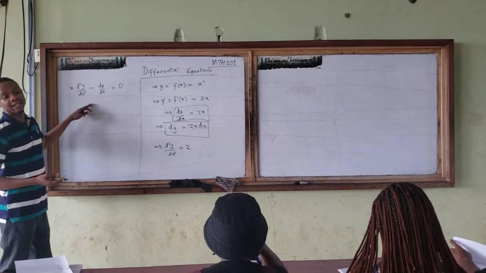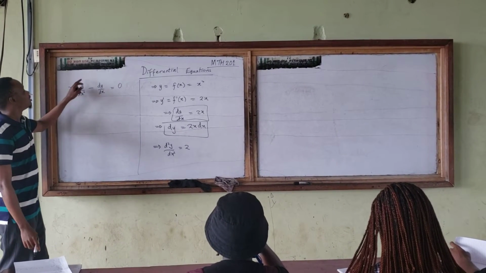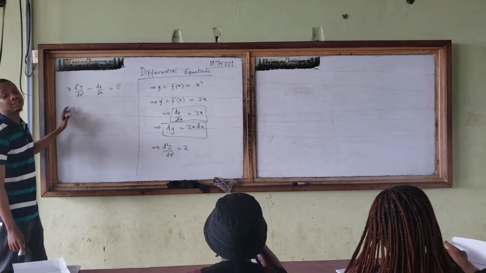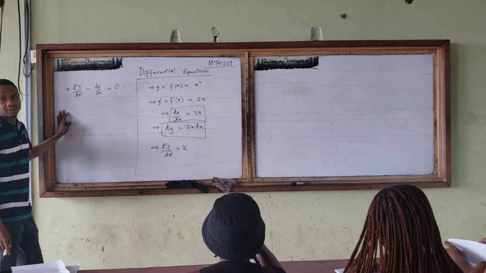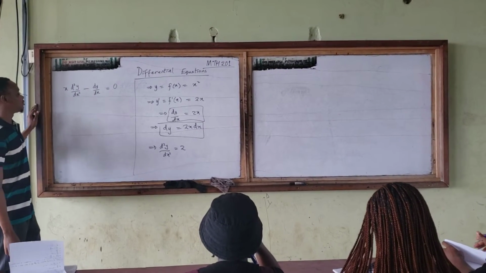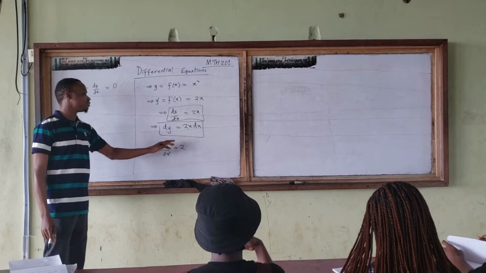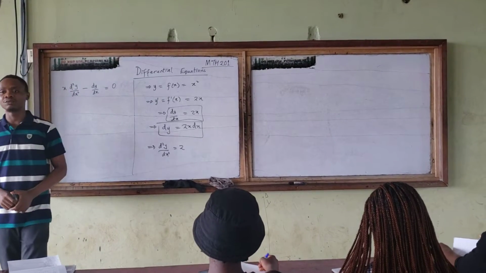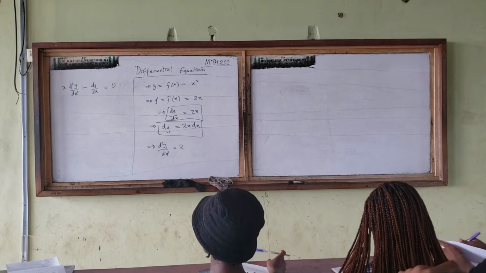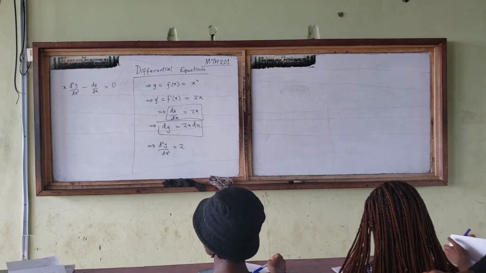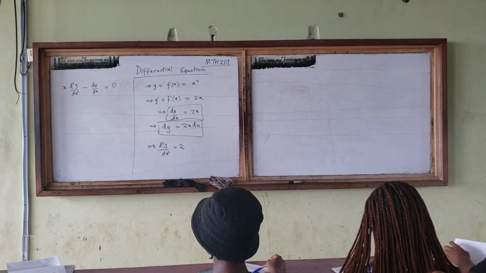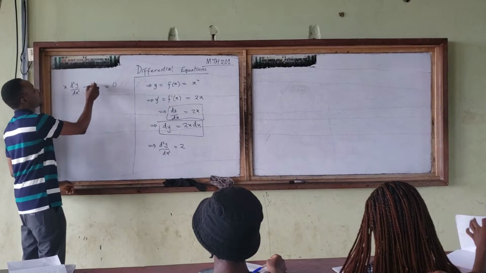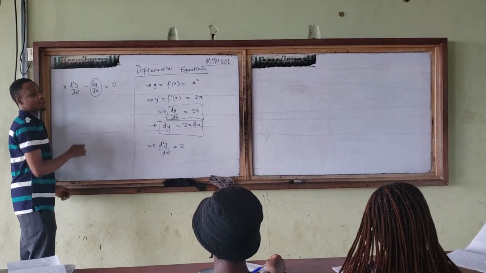You can be given a problem like this, and then you are asked to find dy/dx, or you are asked to find y at the end of the day. Does that make sense to you? So this is an example of a differential equation, and so on and so forth. Here, we will deal specifically with ordinary differential equations. Ordinary differential equations means that we have ordinary derivatives, just like what we have here.